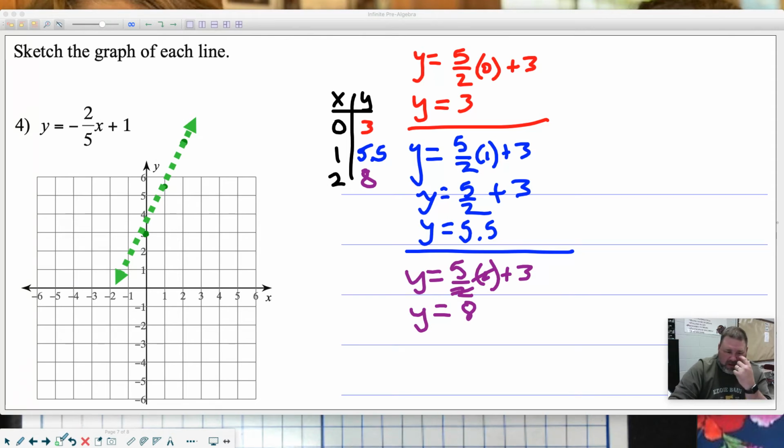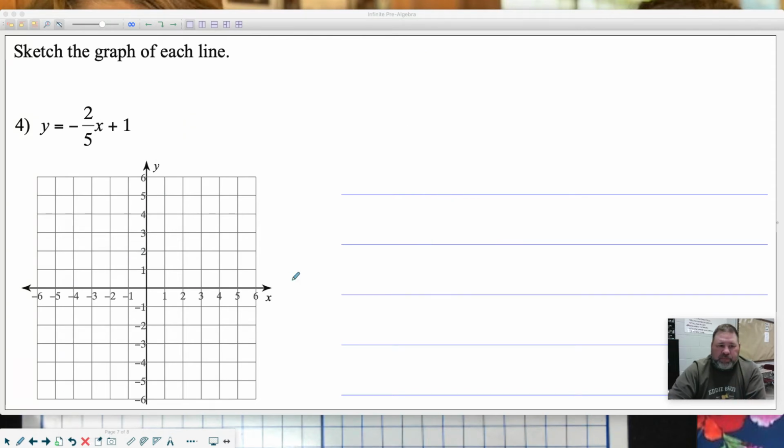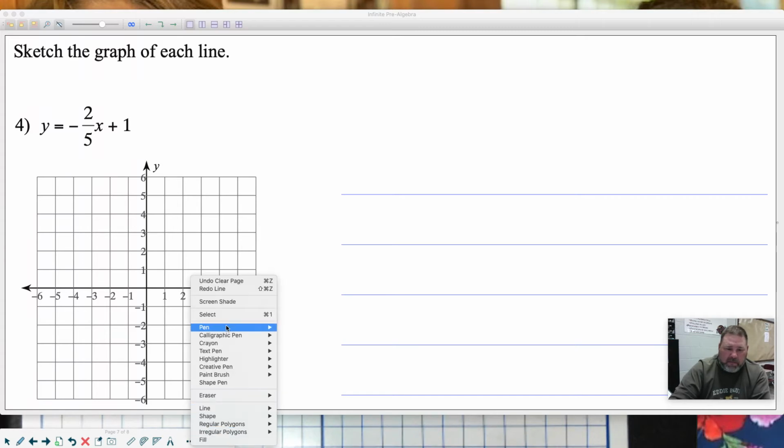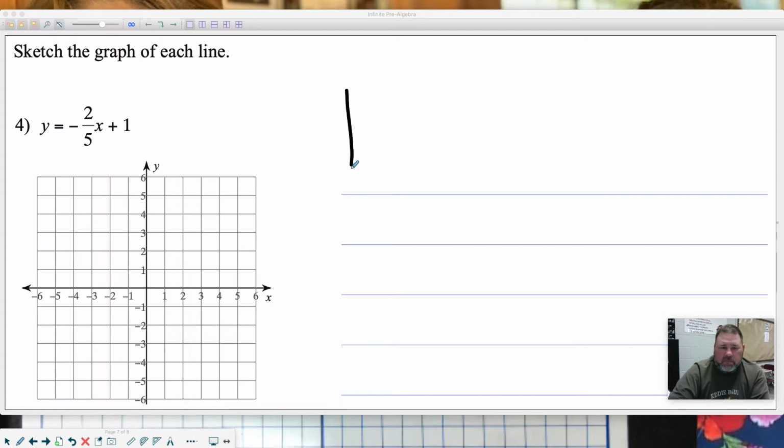Let me clear this off. Okay, so T-chart. 0, 1, and 2. Remember me telling you it doesn't make any difference which X you use. 0, 1, and 2 are just usually the easiest.